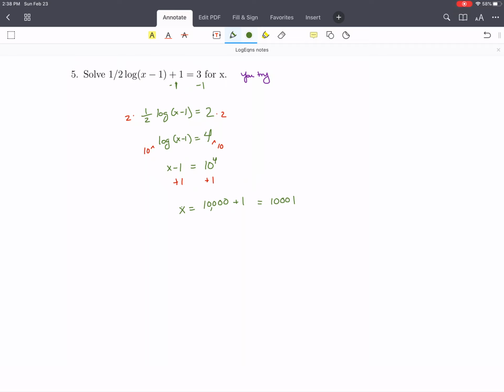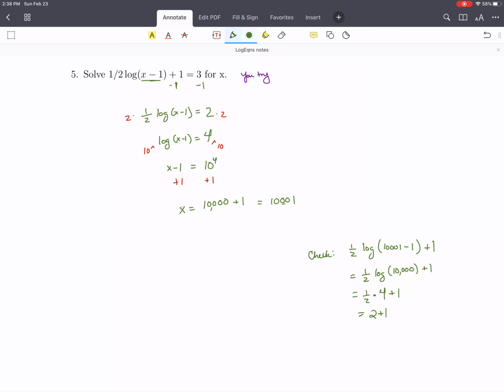would be my solution. And I could double check and make sure that this works. So 1/2 log of 10,001 minus 1 plus 1 is 1/2 common log of 10,000 plus 1. 1/2 common log of 10,000 is 4.